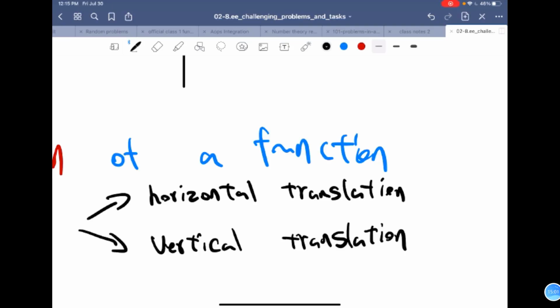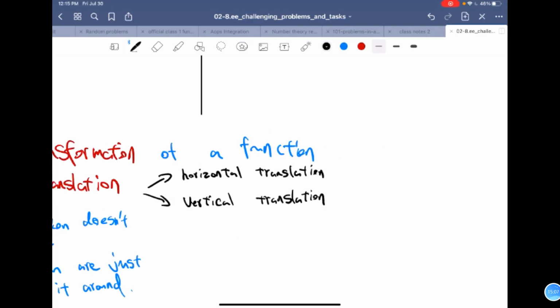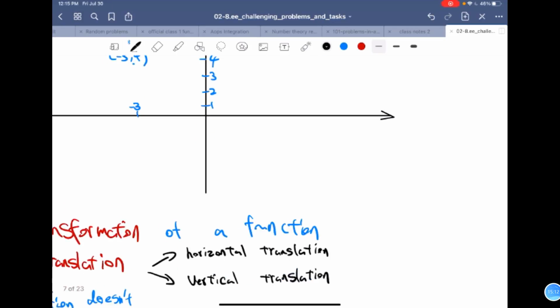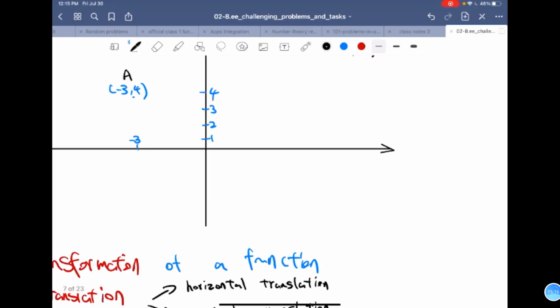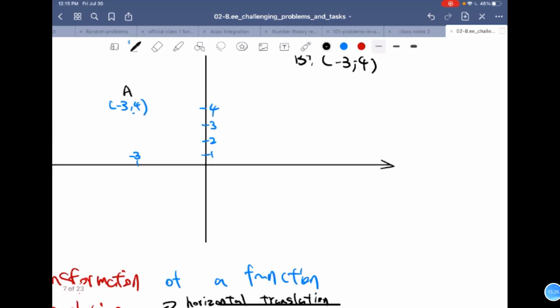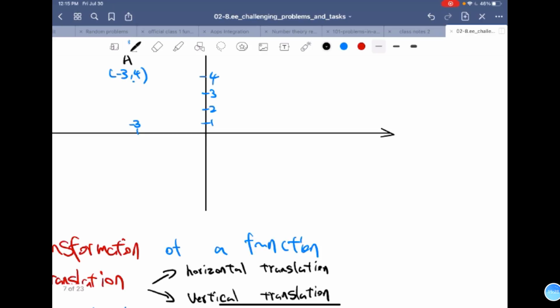Vertical translation, of course, refers to moving it up and down. Horizontal is side to side. Vertical is up and down.